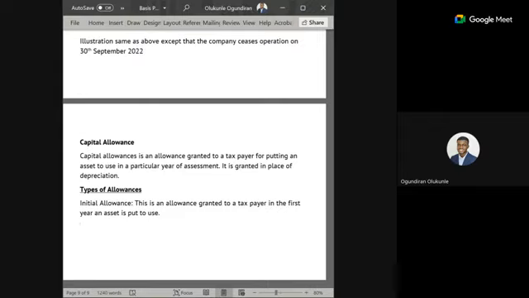These are going to the taxpayer in the first year the asset is put to use. Kyle mentioned one thing called QC, and that's qualifying capital expenditure.